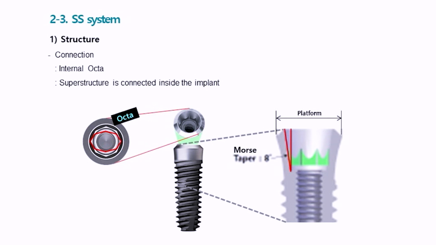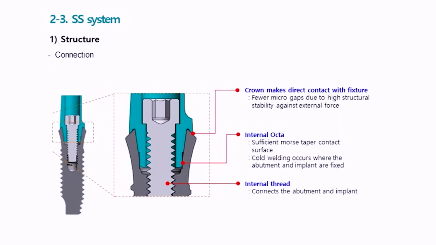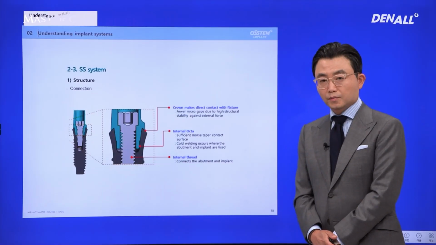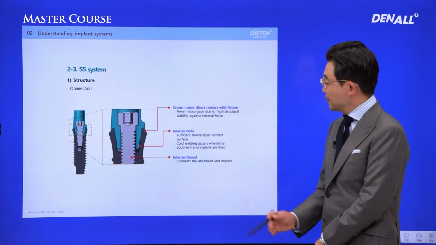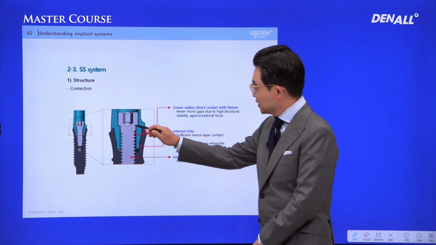However, I said I like the SS system. The biggest reason for that is it has structural stability. So in the posterior area, for a single implant, especially if you have strong occlusal force, then sometimes there could be mechanical problems. But for SS, this structure is very stable.